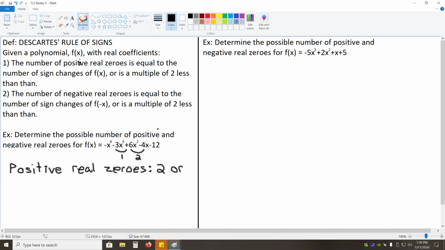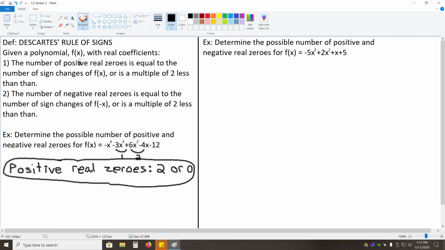So 2 or 4 or 6 or 8 less and so on. In this case, there's only one even multiple less than this, which is 0. You can't have -1 or -8 or -4 positive real zeros. So there are either 2 or 0 positive real zeros.